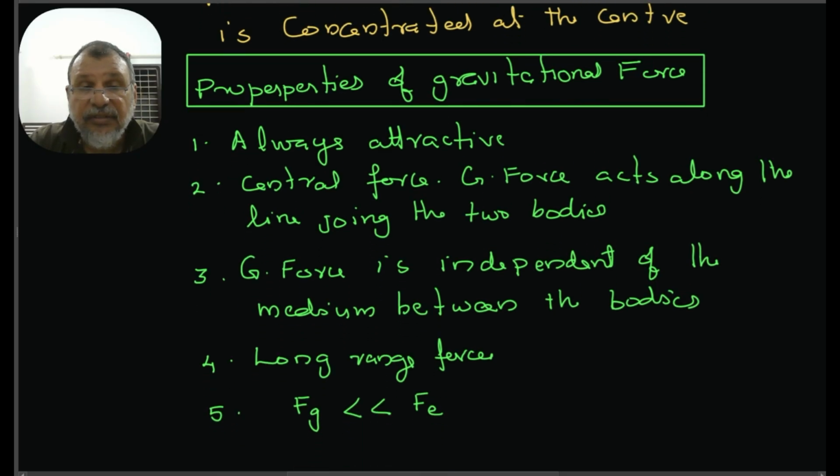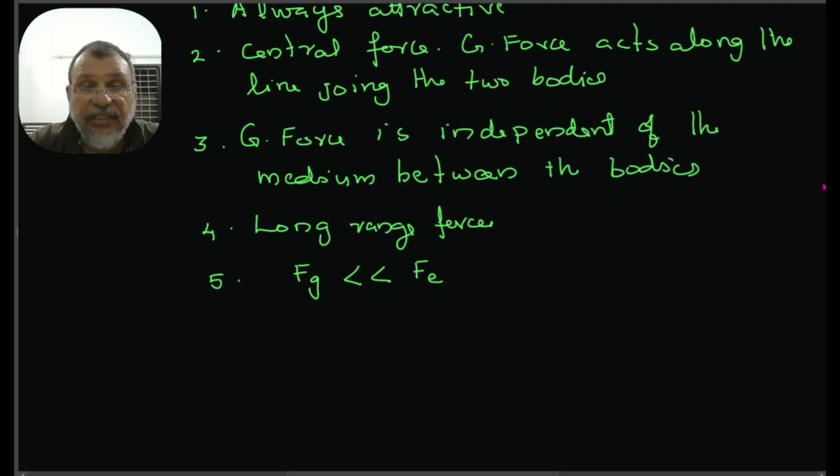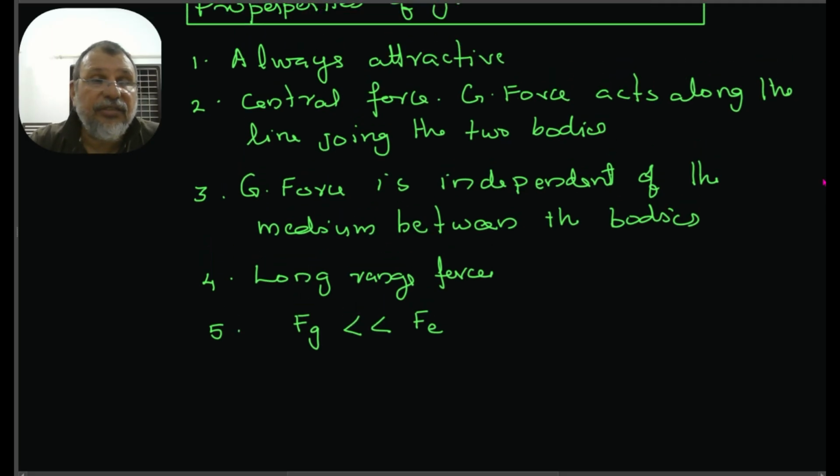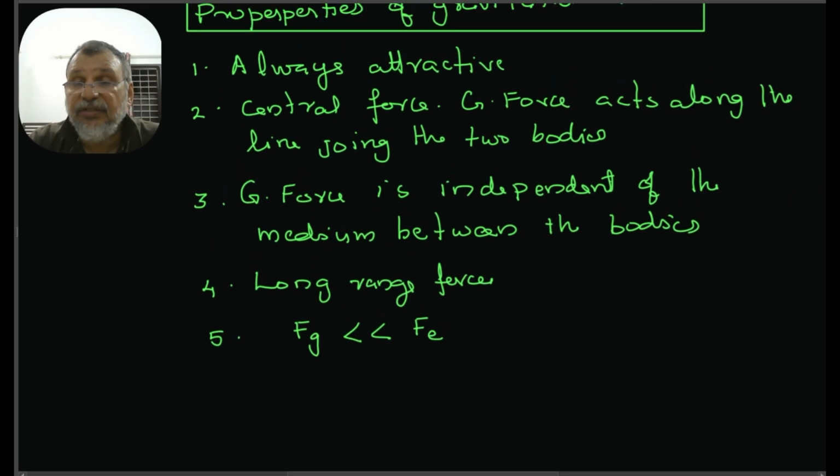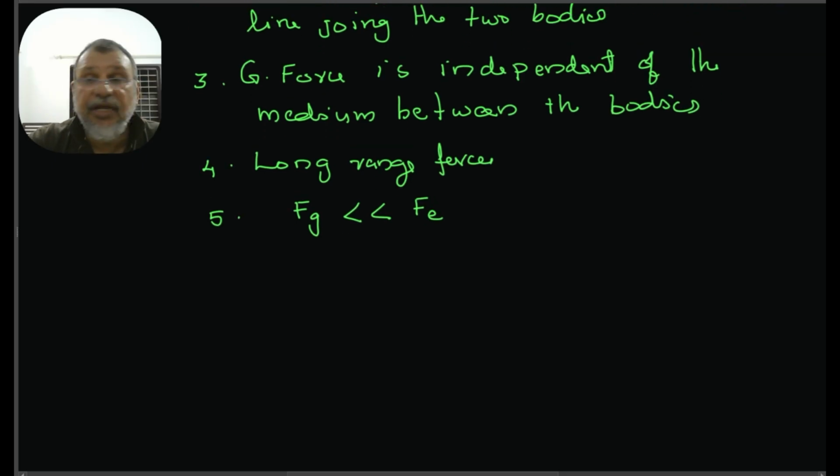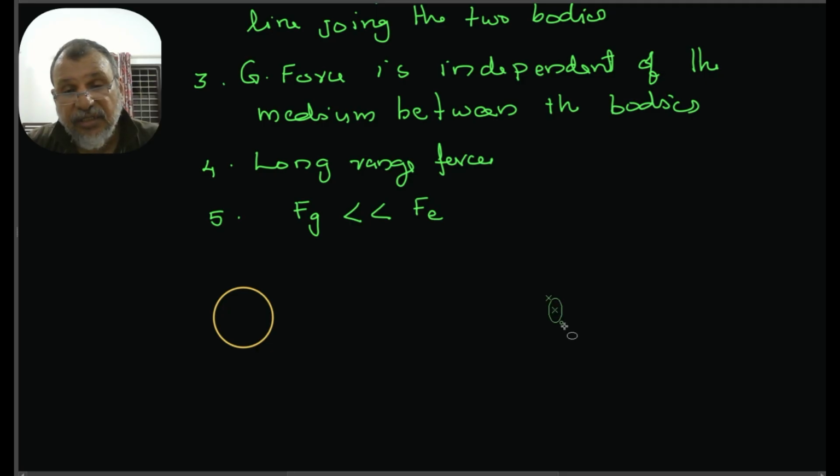Now, let us look at the vector equations and the directions involved in the case of gravitational force. Take a look at this diagram again. It's not very important for your exam, but better get the whole idea clear. Suppose we have two masses again, and we have the line joining the two masses here.